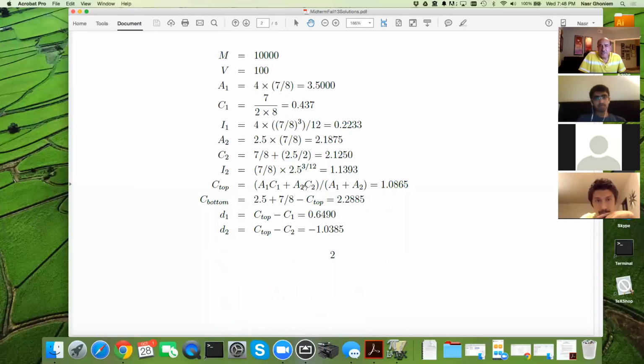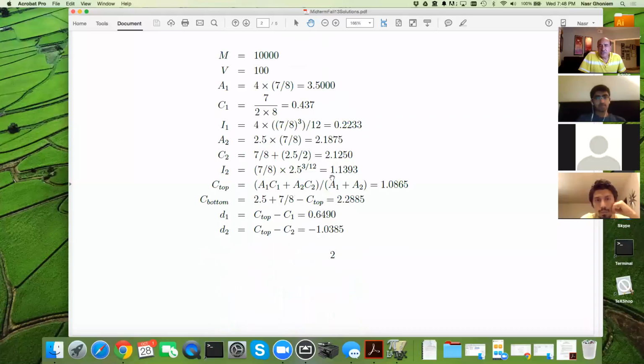So we evaluated I1, BH cubed over 12. We evaluated I2, BH cubed over 12. And then we must transfer using the parallel axis theorem.